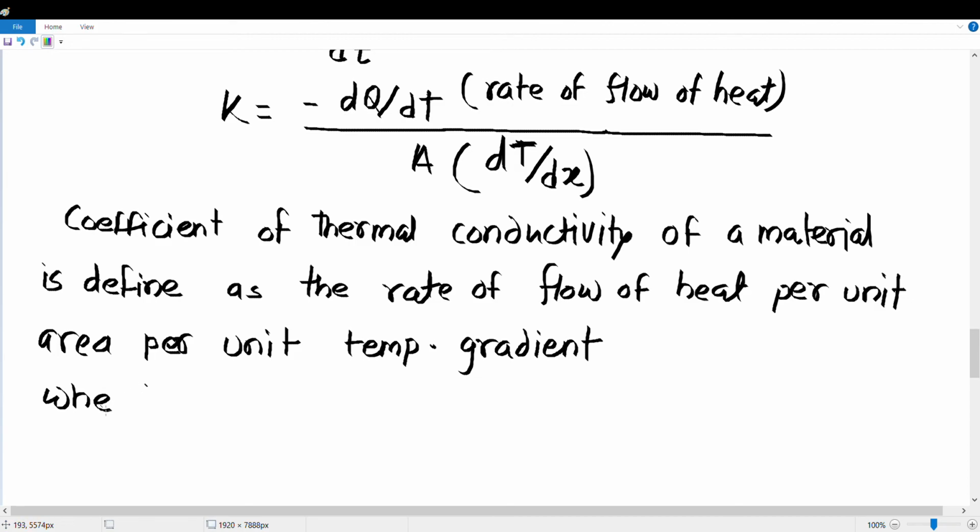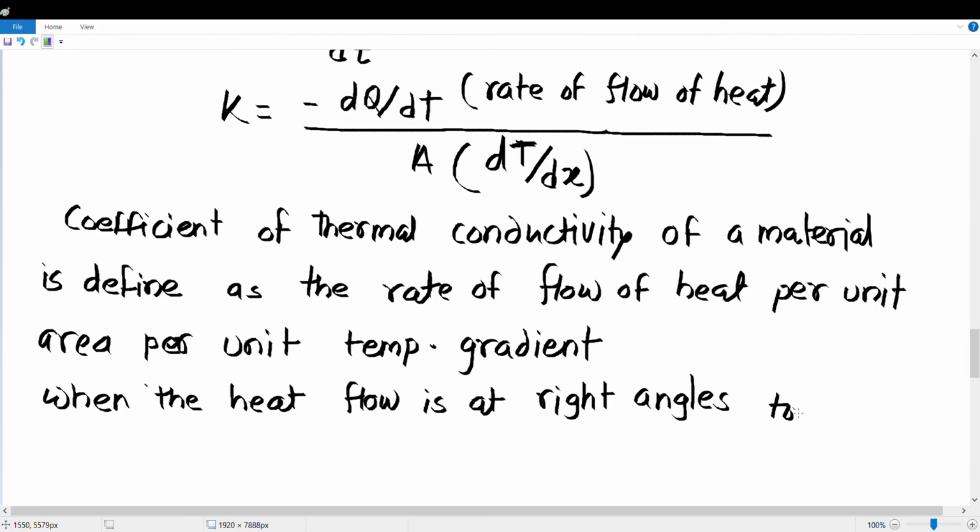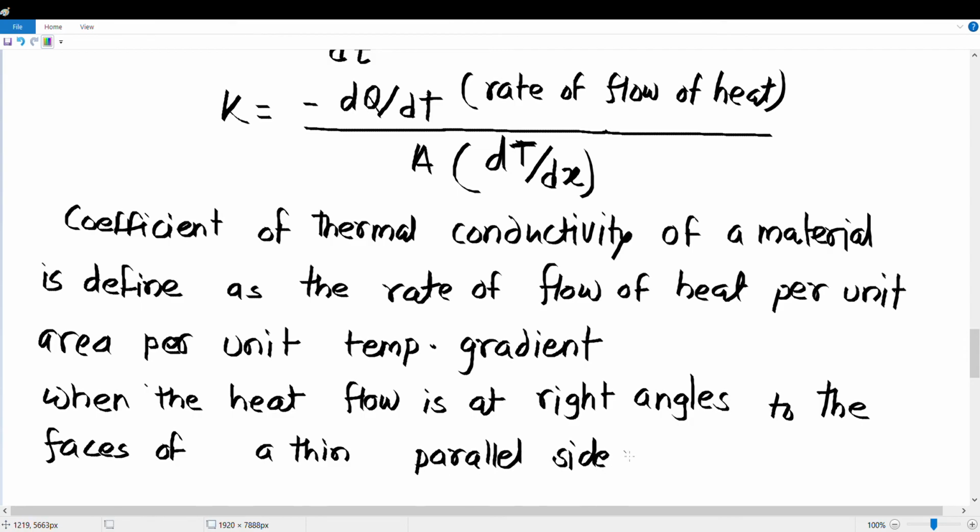when the heat flow is at right angles to the faces of a thin parallel-sided slab of material.